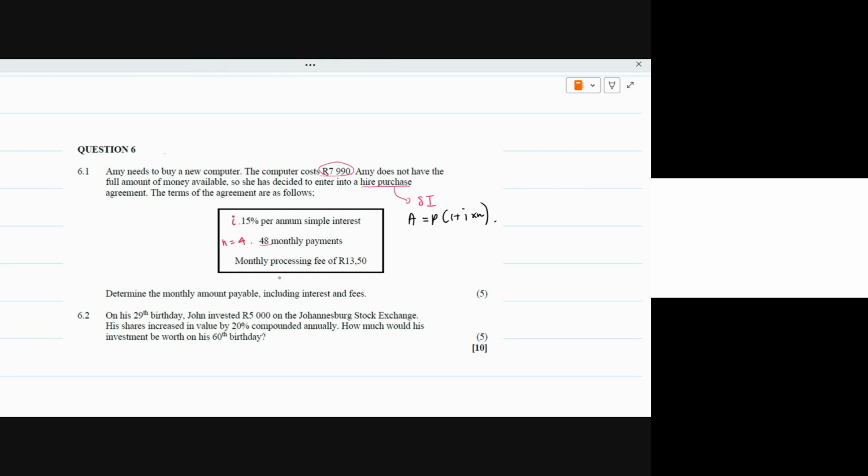And then it says there's a monthly processing fee of 13 Rand 50. Now, that is quite tricky. Think about what's happening here. We know that we need to determine the monthly amount payable, including interest and fees. We're going to calculate the simple interest on this, but there's a bit of a catch at the end.